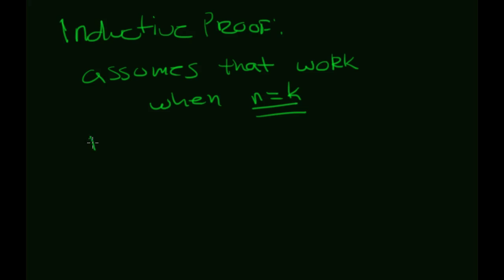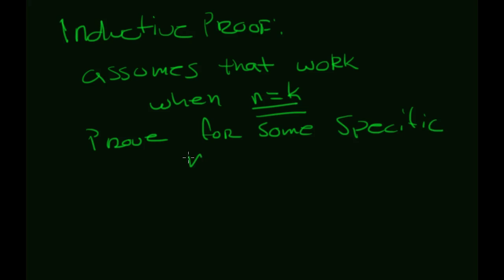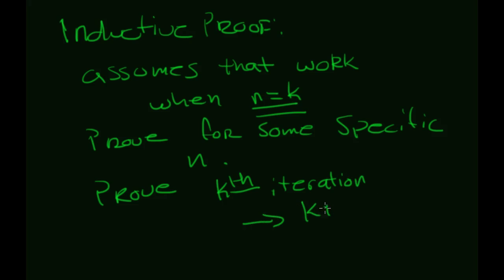You have to prove that it works for some specific n. And then you also have to prove that the kth iteration leads inextricably to the k plus first iteration.